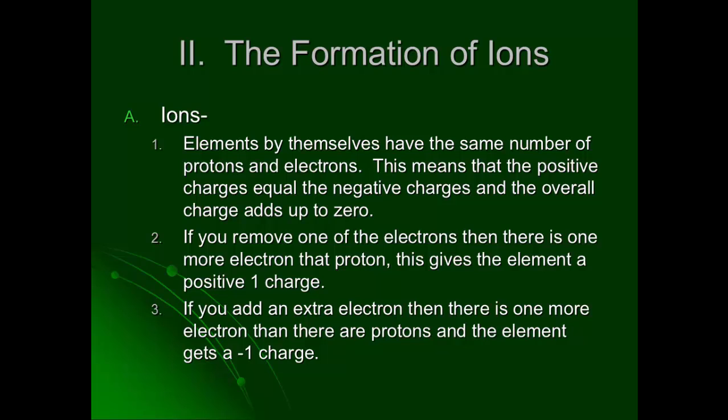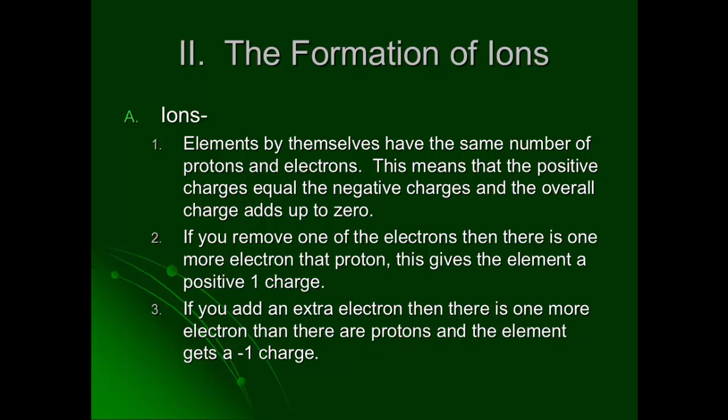Ions occur when you take the number of electrons that the neutral atom has, where the protons and the electrons are matching, and you remove or add to the number of electrons. So now you'll have more electrons than protons or fewer electrons than protons.